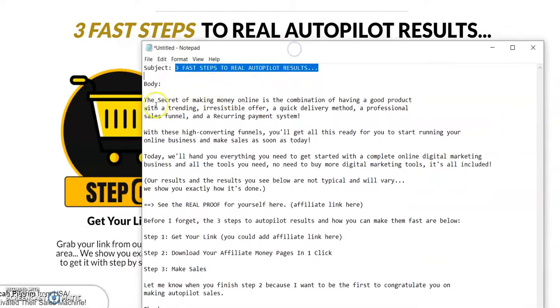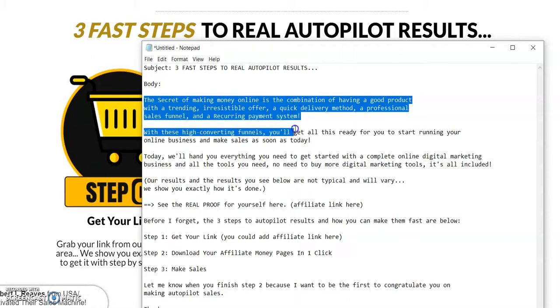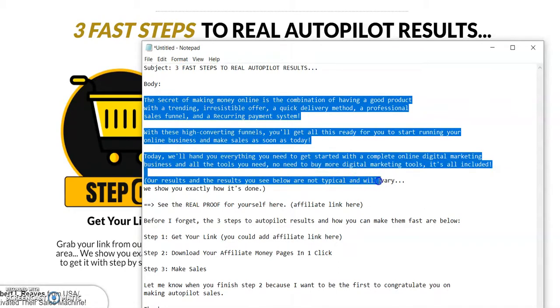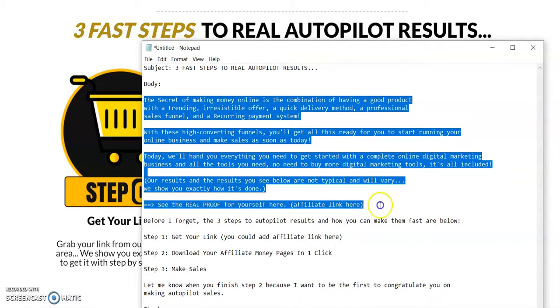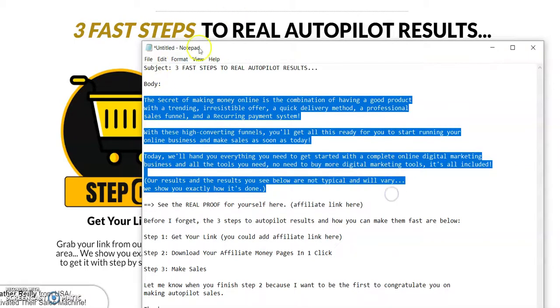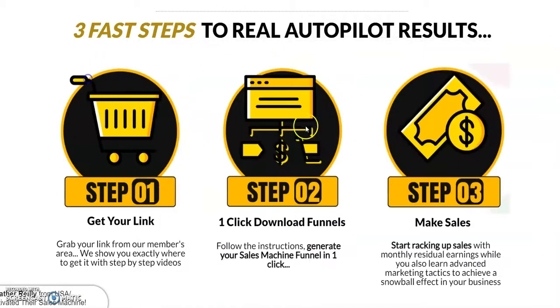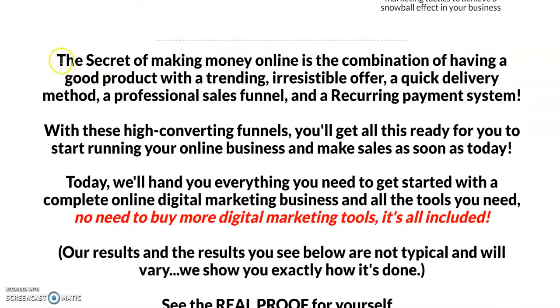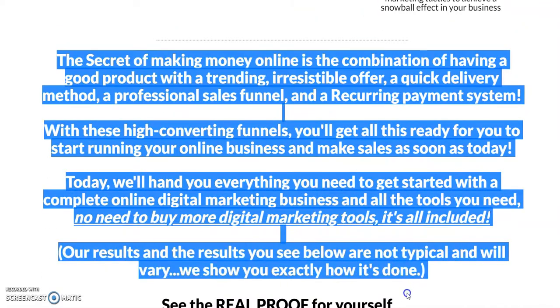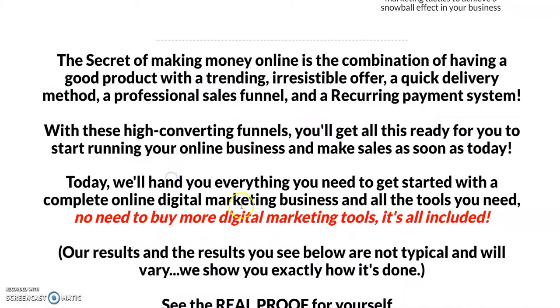So the next part here, the body, I started with this, the secret of making money online. And I'm not going to read all this to you guys, because you can read it here, because I just got it from the sales page. So if I go back to the sales page, you can see all of it right here. You can literally use that as an email.